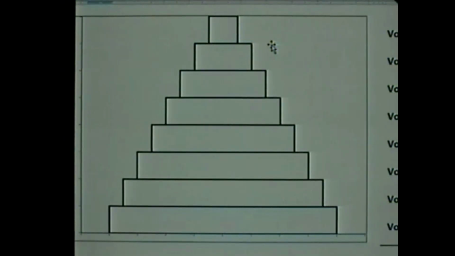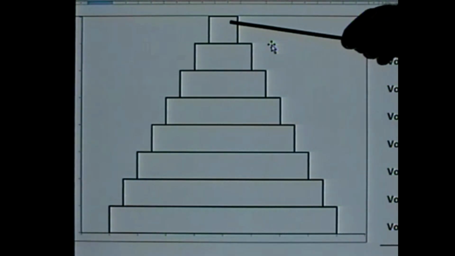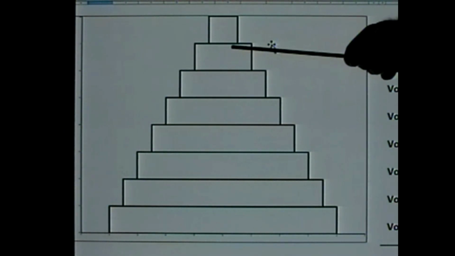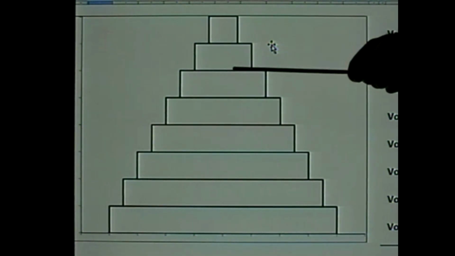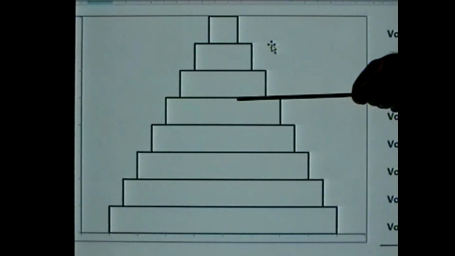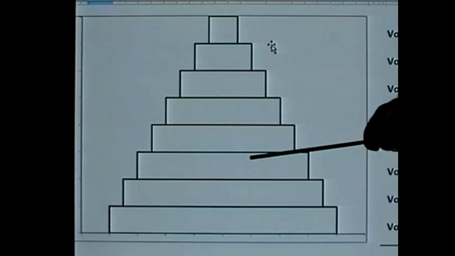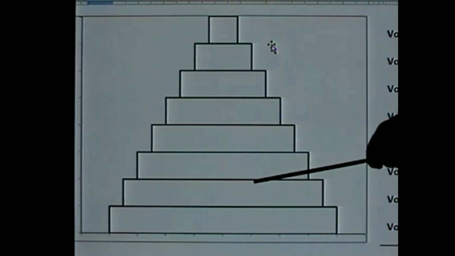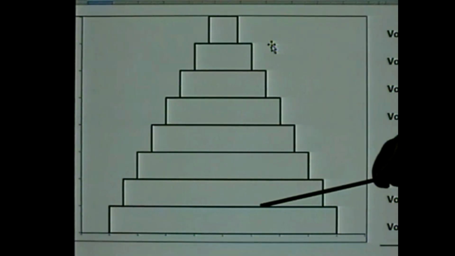So let's review the volumes of all 8 layers. The top layer is 1 by 1 by 1, or 1 cubic inch. The next lower layer is 2 by 2, or 4 cubic inches. Then 3 by 3 is 9, 4 times 4 is 16, 5 by 5 is 25, 6 times 6 is 36, 7 times 7 is 49, and, as we said before, 8 times 8 is 64 cubic inches.